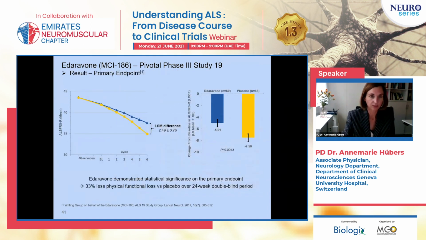Here you can see the results. So yellow is placebo and blue is the Edaravone group.